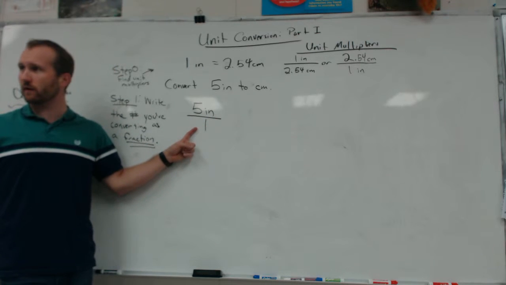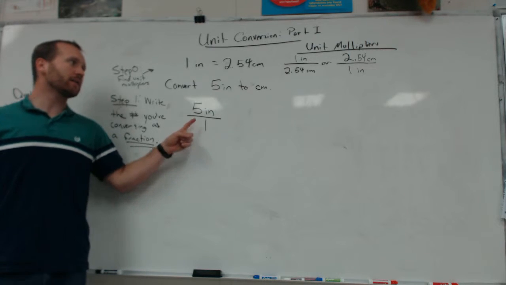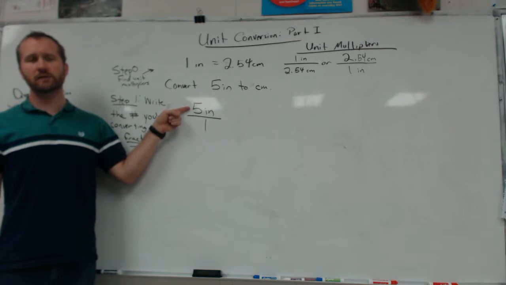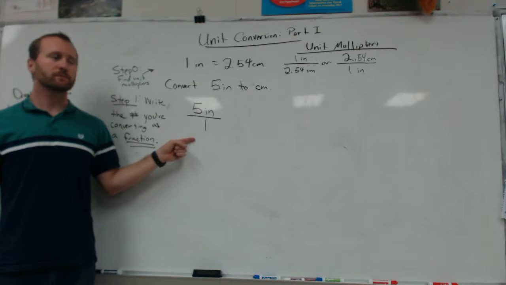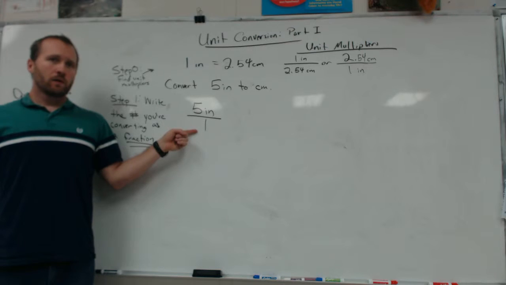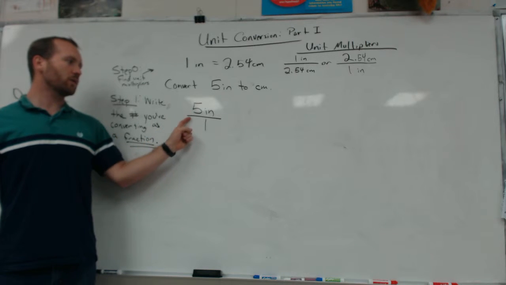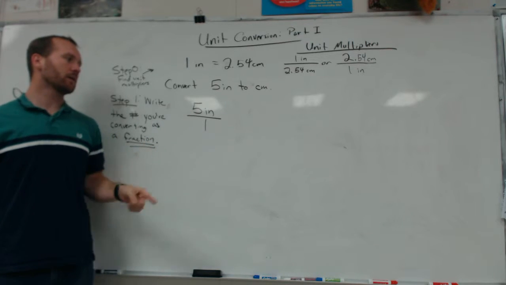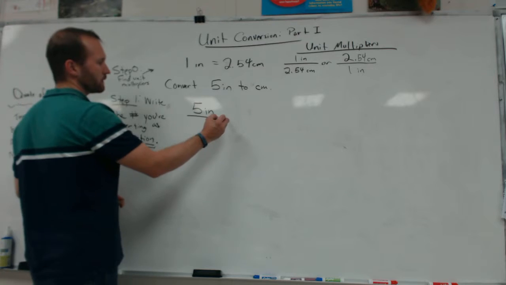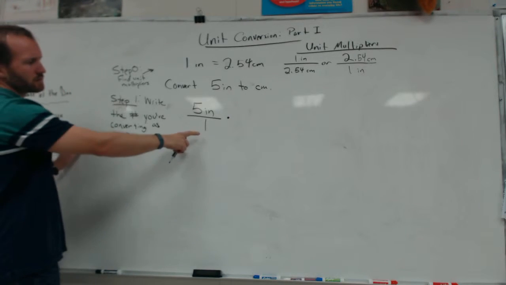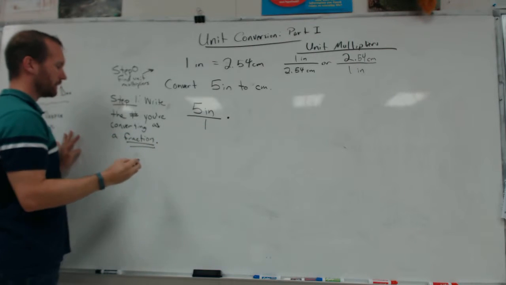There's no unit there. So I write the number that I'm converting, 5 inches, as a fraction. In this case, 5 inches over 1. Not 5 inches over 1 inch. 5 inches over 1. So you're writing it as a fraction. There will be cases when you have something different in the denominator, but not today.